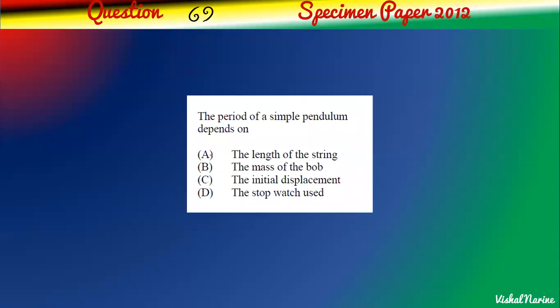I see yes, several persons. It is the length. All right, and hope you remember that so it is only the length that will affect the period of a simple pendulum. Not the mass, not the displacement, not stopwatch use.